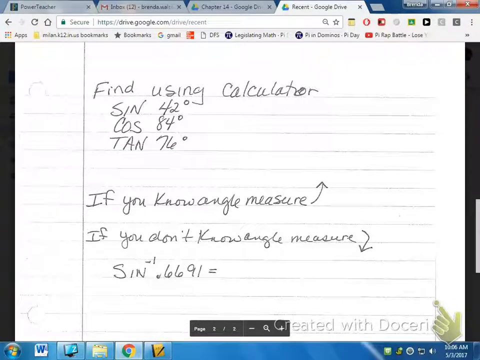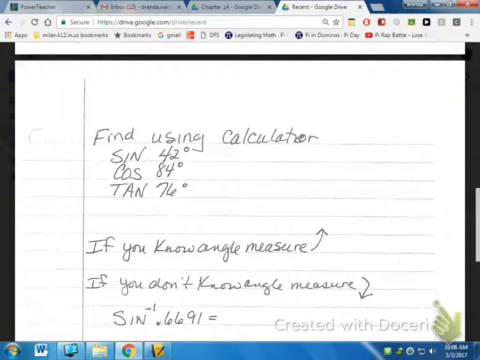Now we're going to use a calculator, and I want you to look at your calculators. You should have a sine, cosine, tangent button, and if your calculator is similar to what I have, for sine of 42 degrees, this is if you know the angle measure, you're going to get this approximation. You will use 4 decimal places when you're doing this, because you'll find out tomorrow you want to have a more exact answer, and if you estimate or round off with too few digits, you're really kind of shortchanging the whole thing.